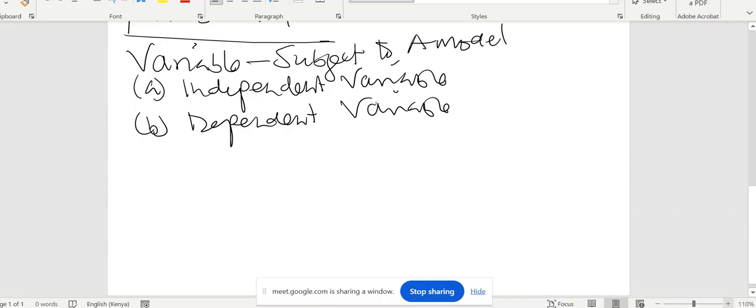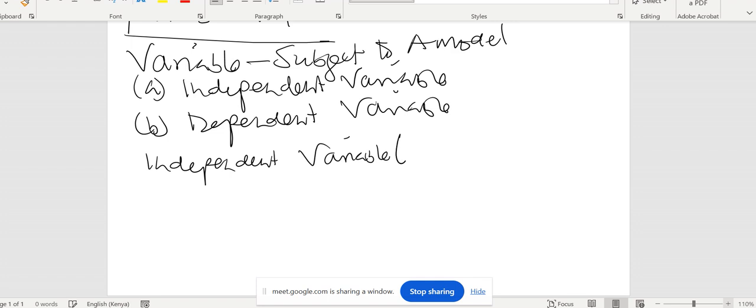So maybe we can define here. We start with the definition of independent variable. Independent variable is always X. Sometimes it's called a predictor variable.